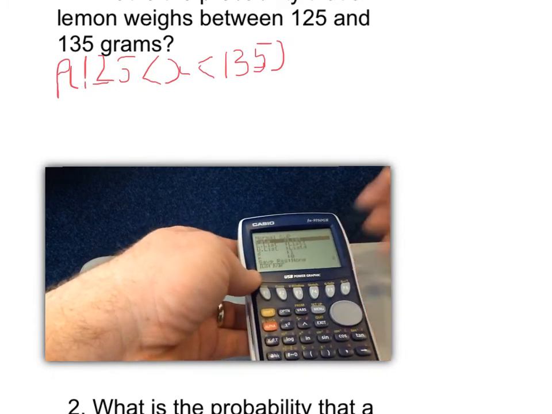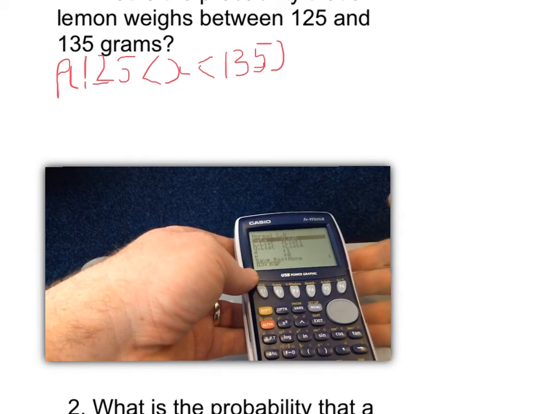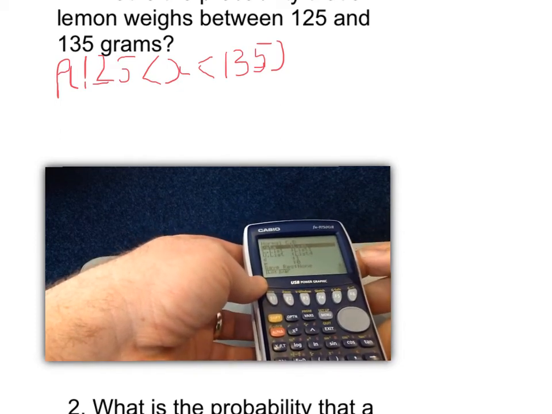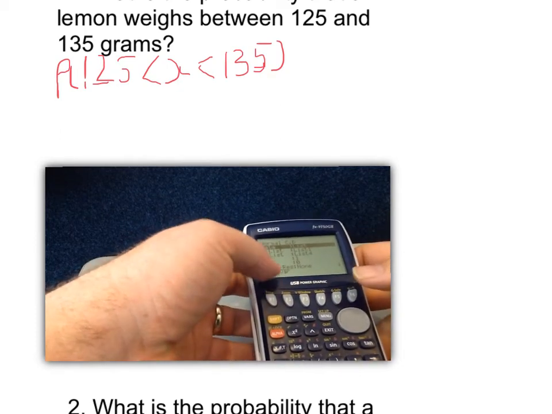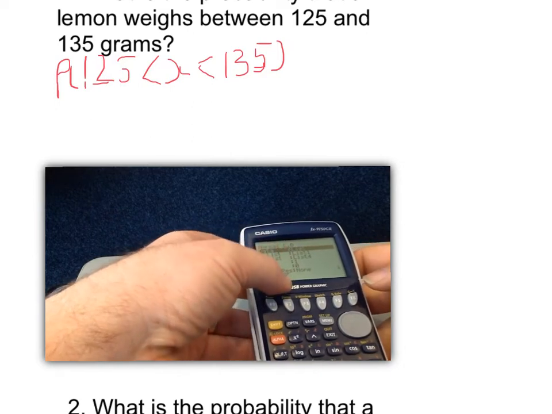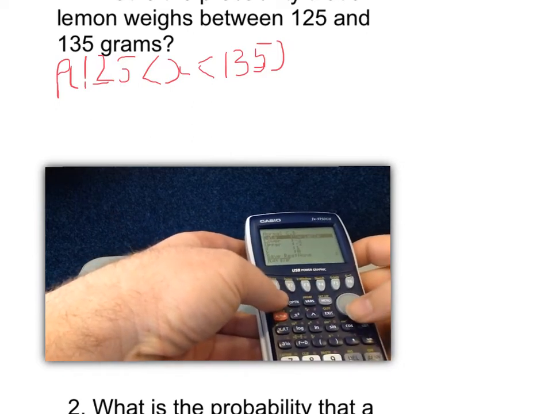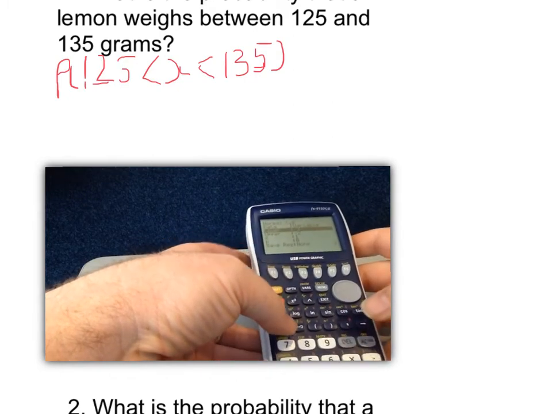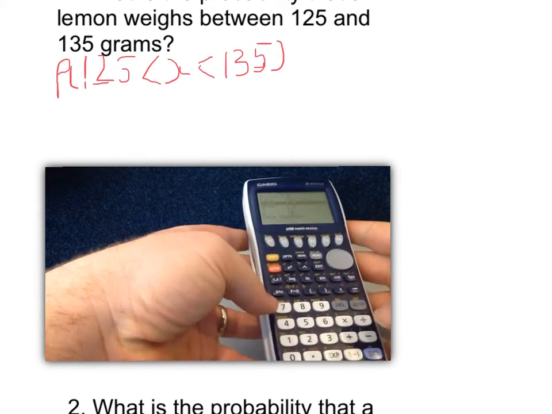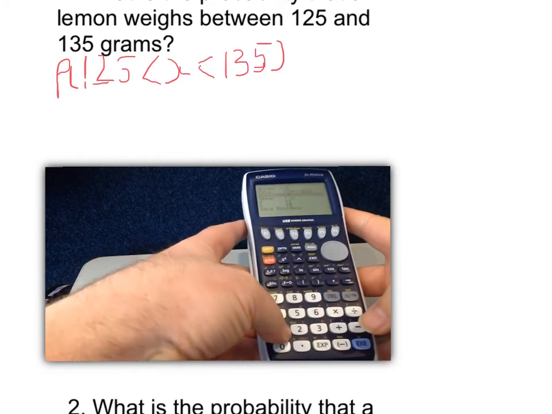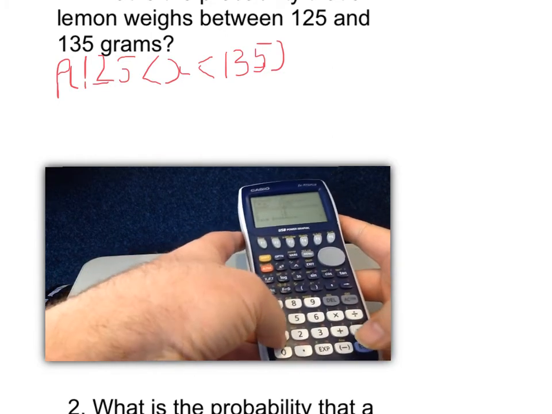Now, my calculator is set up in list mode, which is the default. If you see this, you've just got to change the data from list to variable. So I'm going to push F2 to get into variable mode. Now here I want my lower and upper: between 125 and 135.